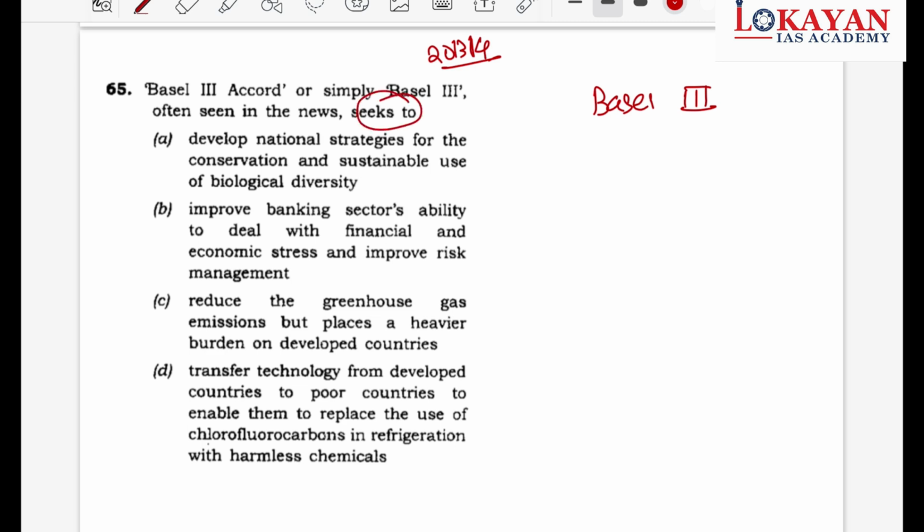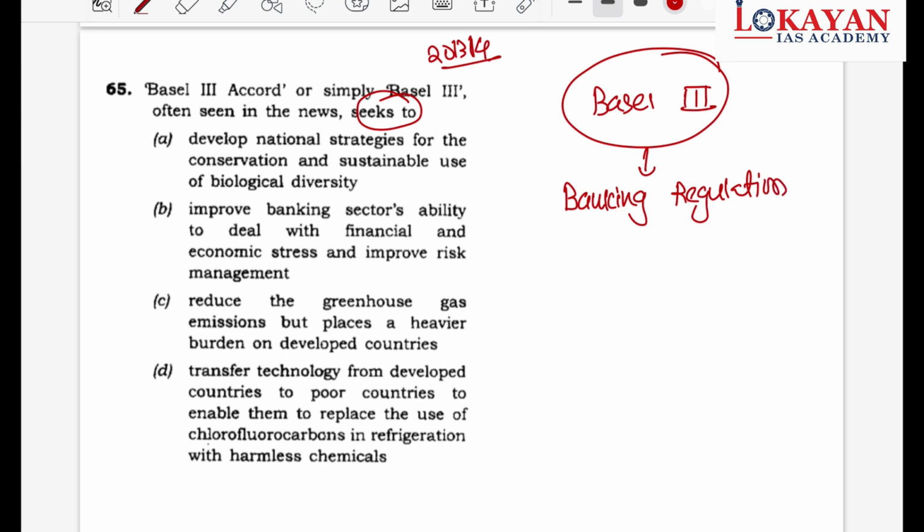The question does not need you to know the exact details of the Basel Accord. But if you know just one thing, that Basel Accords are regarding banking regulation, then also you will solve this question easily, because you can read each and every option.